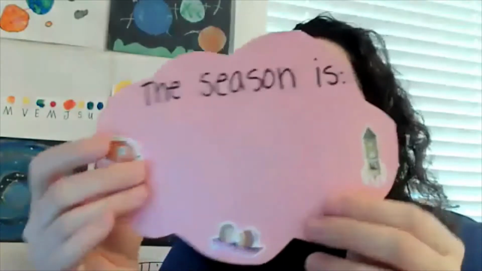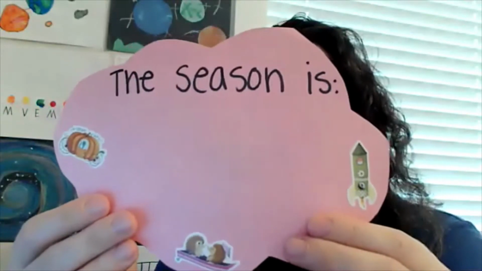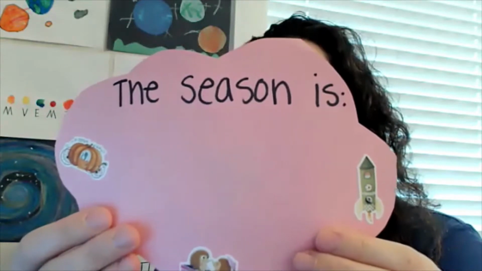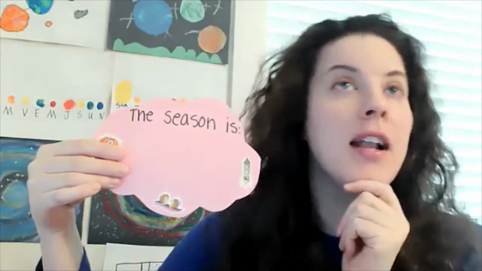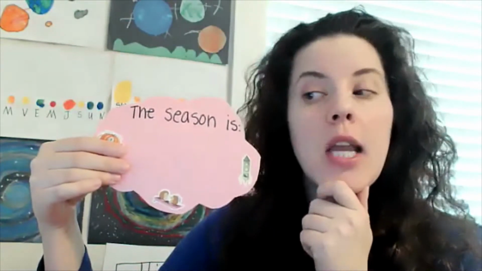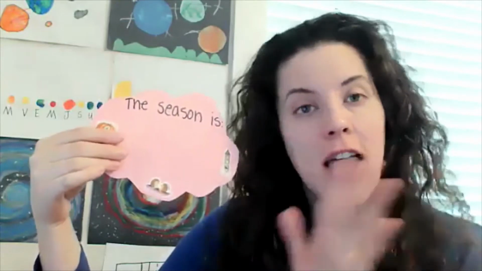Okay, so what season is it? We know what the 4 seasons are, but what season is it right now? You can always look outside to give you a clue of what season, but sometimes that can trick you. I've had people look outside and say, oh, it's raining outside and there's lots of rain in spring, so it must be spring. The seasons don't change that often.